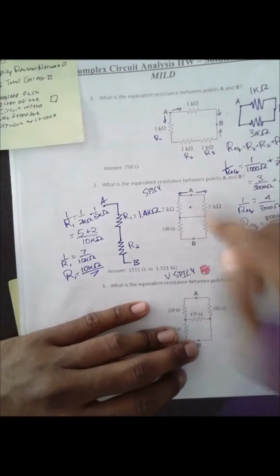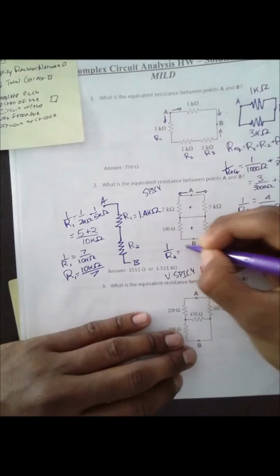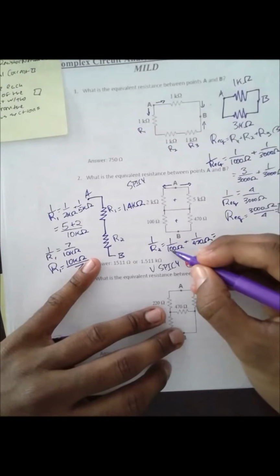Now we have to sum these two. And so these two are also in parallel. Let's say 1 over R2 is equal to 1 over 100 ohms plus 1 over 470 ohms. Then it's a little bit more complicated, but to get from 100 to 470, we can just multiply this bottom number by 4.7. So when we do that, I'm going to bring it a little bit closer. Cool.